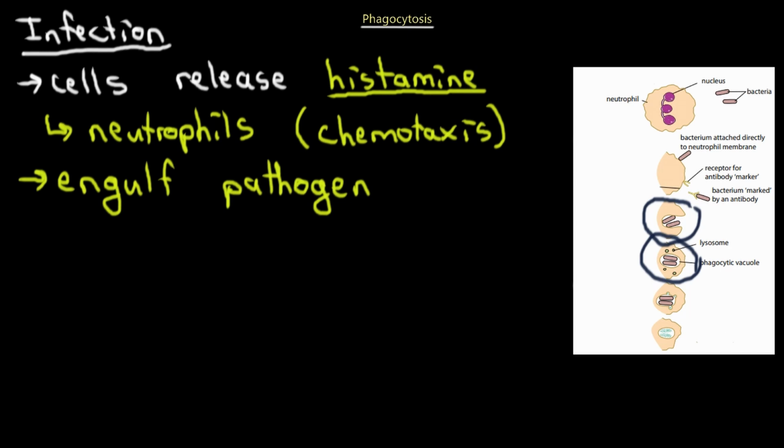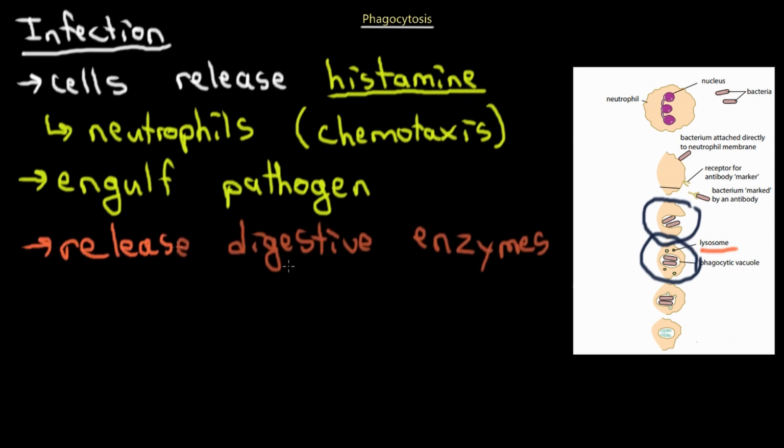And once inside the cell, the lysosomes that are inside the cell are going to release enzymes. They're going to release digestive enzymes. An example of digestive enzymes that they release are proteases. And after several kills, the neutrophils are going to deplete their batteries, they're going to deplete their energy, and the neutrophil is going to self-destruct.